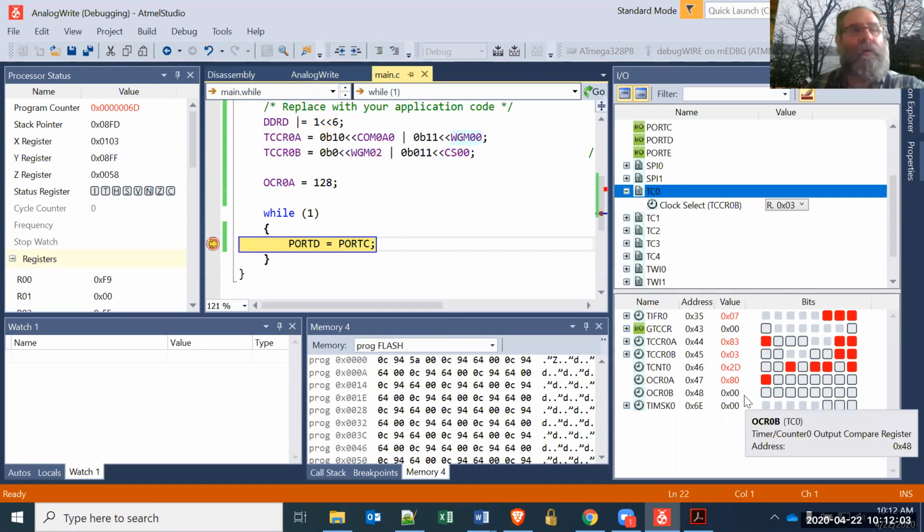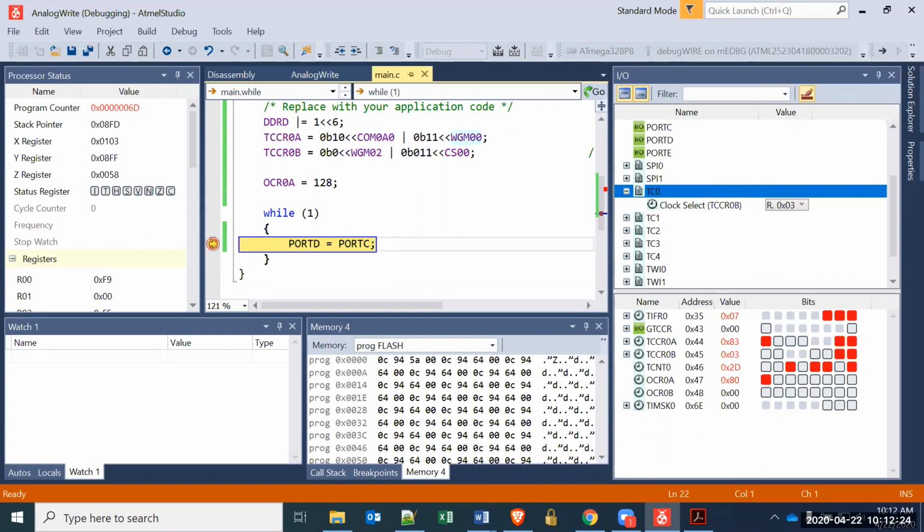Let's see. Is there supposed to be a light or no? Yeah, there should be a half bright light. I mean, I'm looking at code on my other screen, which I know works. Do you have to set the mask?